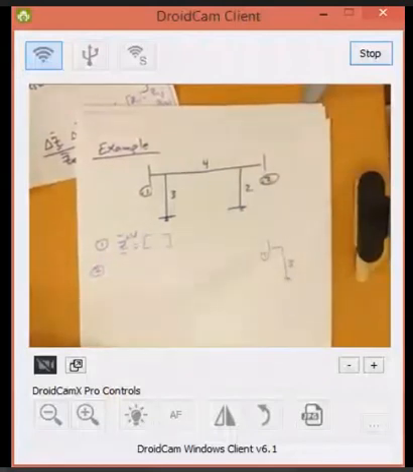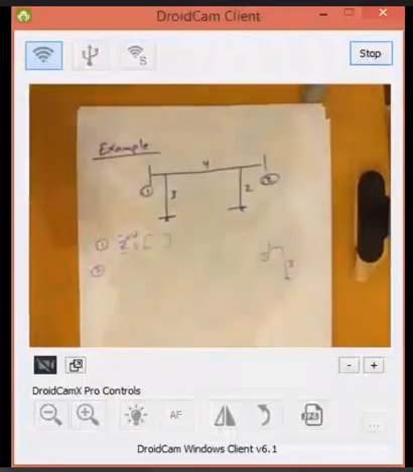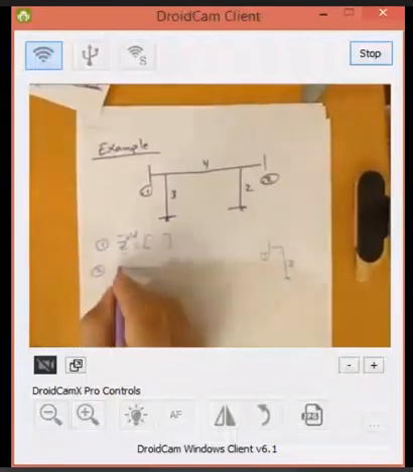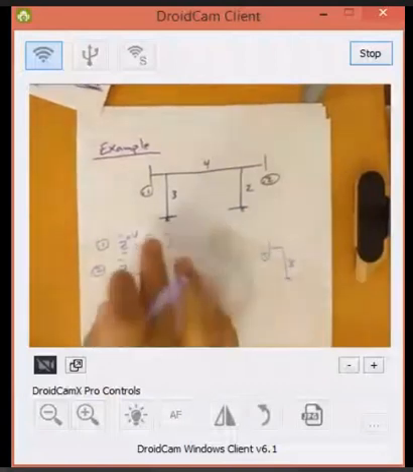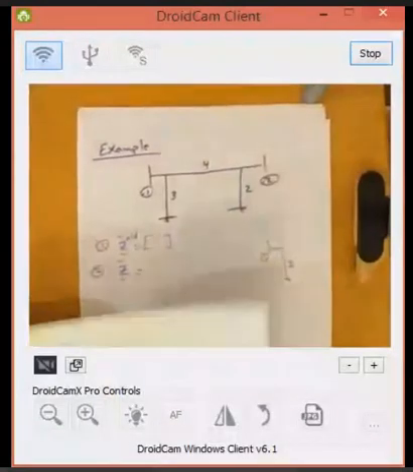I am adding a bus with a line connected to the ground, so Z new will be equal to Z old.